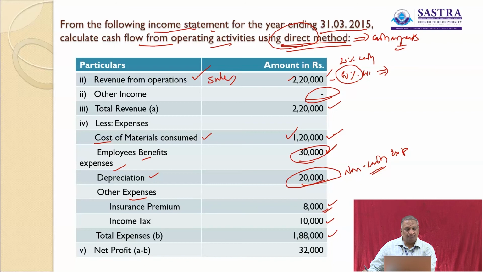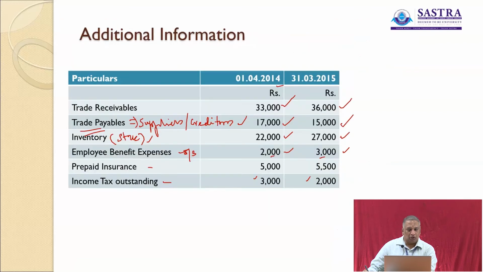Insurance premium claimed as expense this year is rupees 8,000, whereas prepaid insurance is given as opening balance and closing balance. That means this year we have not entirely closed it. The account has some closing balance, and the previous year closing balance becomes opening balance for the current year.